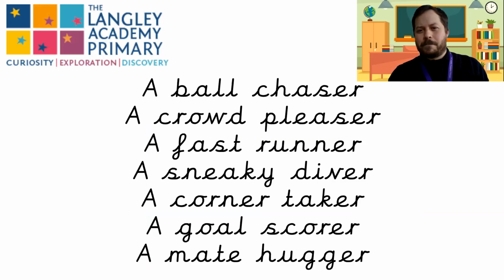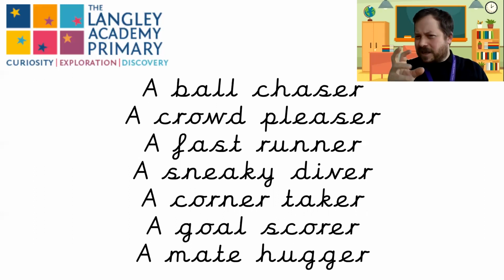Let's try another. A ball chaser, a crowd pleaser, a fast runner, a sneaky diver, a corner taker, a goal scorer, and a mate hugger. We start at the beginning, a ball chaser and a crowd pleaser. That could be lots of things. A fast runner doesn't narrow it down too much.